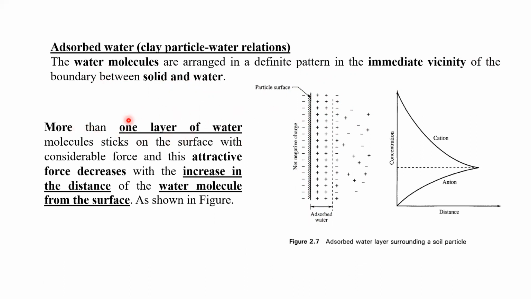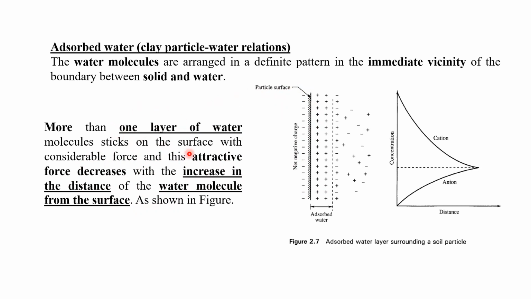More than one layer of water molecules stick on the surface with considerable force, and this attractive force decreases with increasing distance of the water molecule from the surface. What does it mean? This is the surface of the clay particles. So what is going to happen?